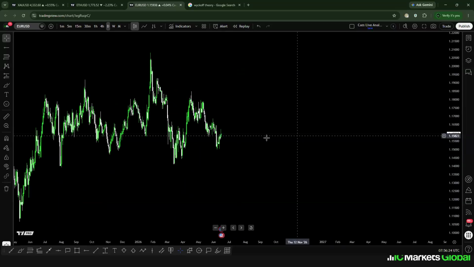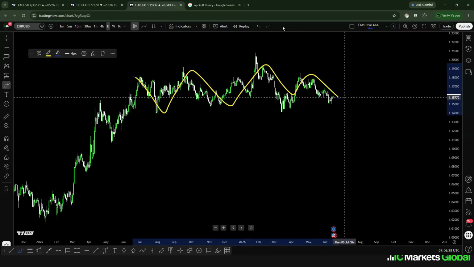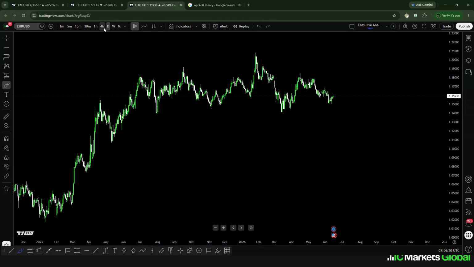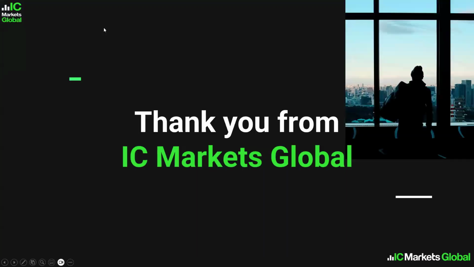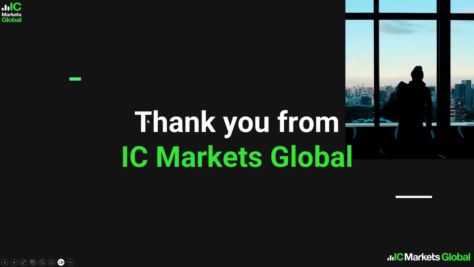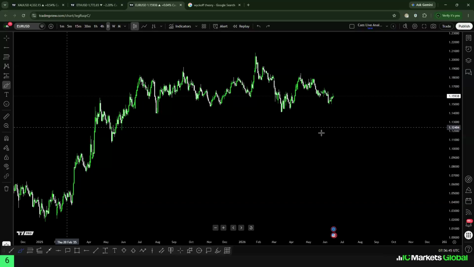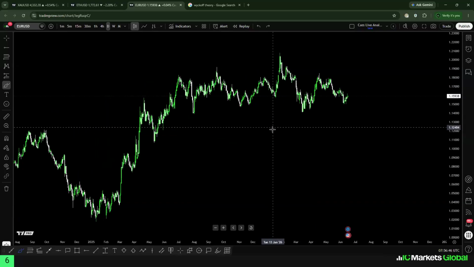My point is that we should be in a consolidation period for EURUSD. Remember, when we go through the cheat sheet, this chart is for a trending market. This is only used for a trending market, whether it's an uptrend or downtrend. But we can see from EURUSD that it is just going sideways.